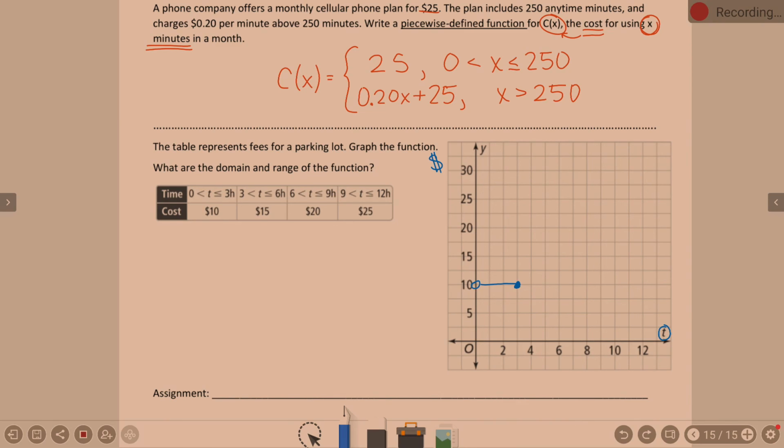Now it bumps up to 15. So at 3 hours, find your 3 and bump up to 15. And so from 3 to 6, it's 15. And like last time, the right-hand point is filled in.